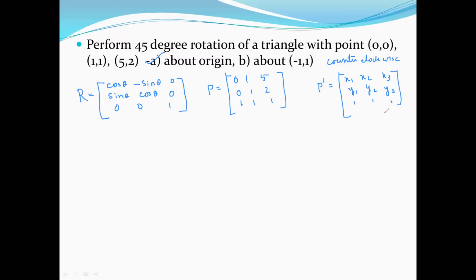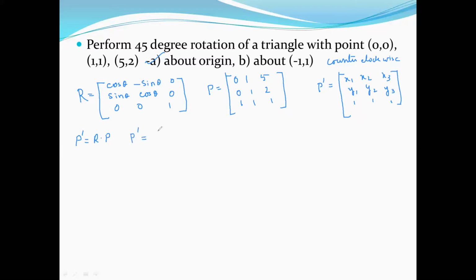Now we can write P dashed equals R dot P. If I multiply the rotation matrix with the point matrix, we get P dashed. So let us find P dashed.